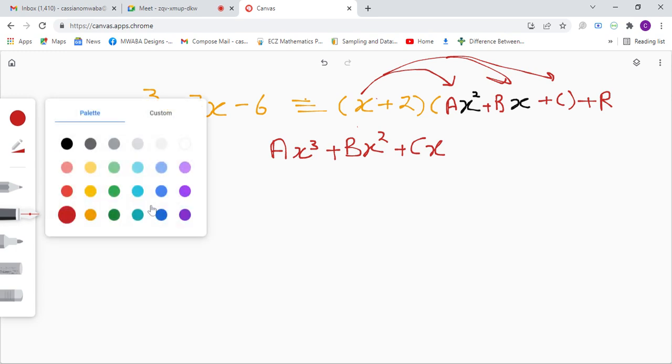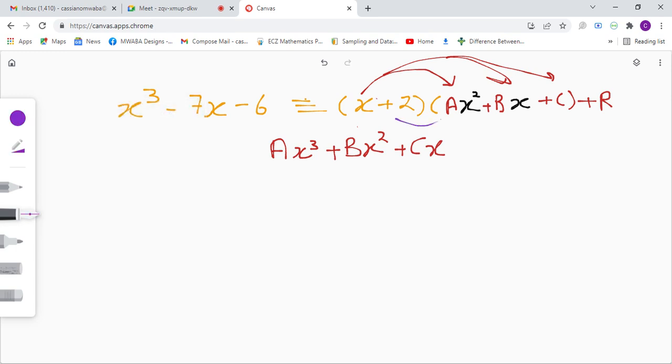Now 2 times ax squared, that's 2ax squared, plus 2 times bx, that's 2bx, plus 2 times c, that's 2c, plus r.